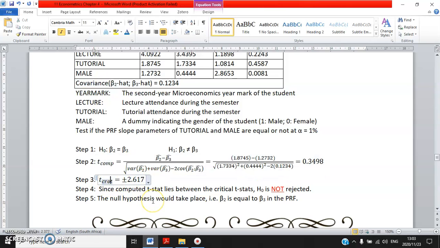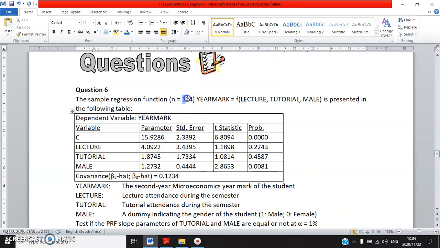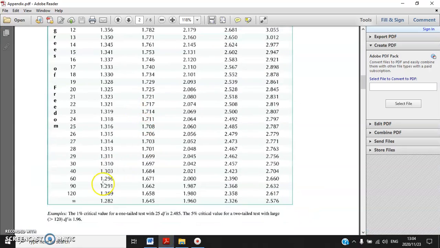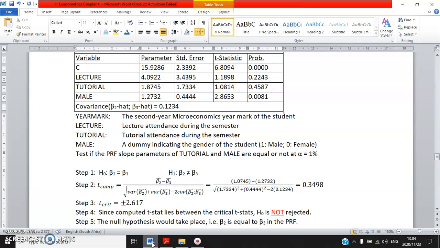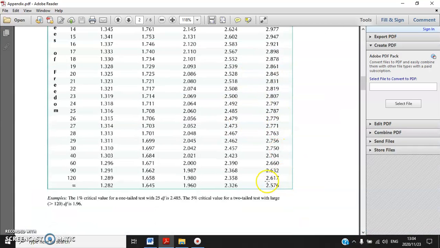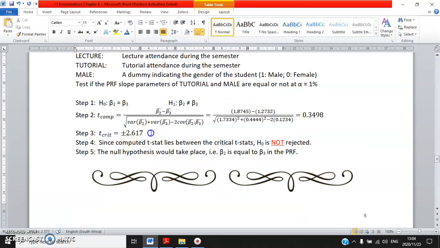Critical t-stats, sorry about the spelling error there. Degrees of freedom is actually 120 because 124 minus 3 minus 1, 120. And then alpha is 1%, so it is here two-sided 120, so plus or minus 2.617. Okay, yes.